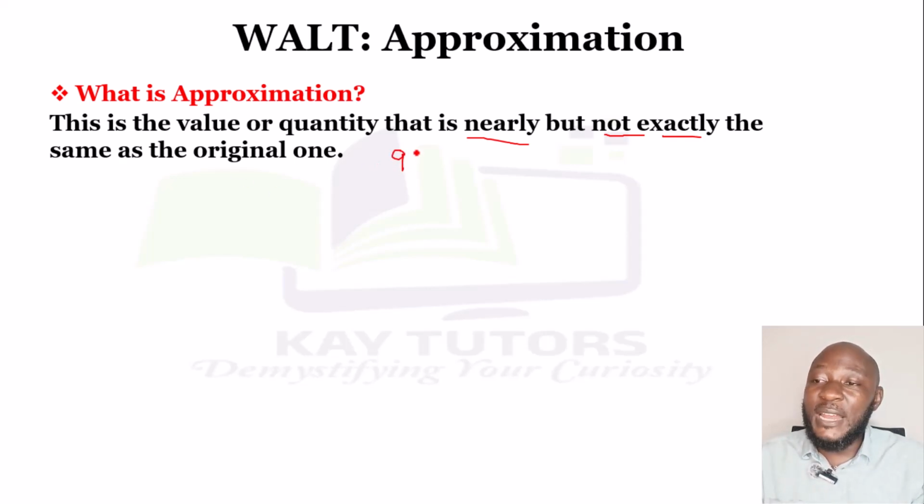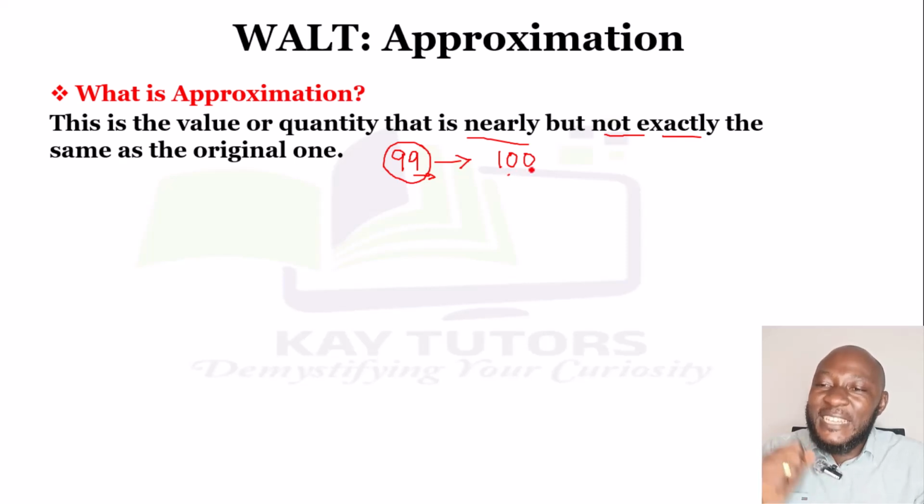Assuming 99 is the original number. Now, when we round this to the nearest tens, our answer will definitely be 100. So 99 is very close to 100, but it is not 100. 100 is close to 99, but 100 is not 99.